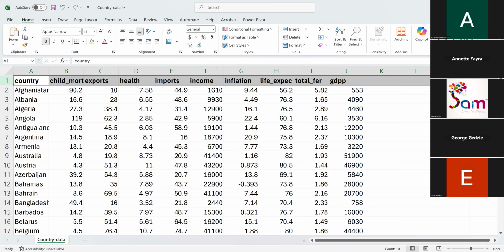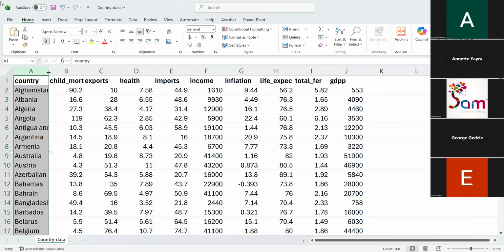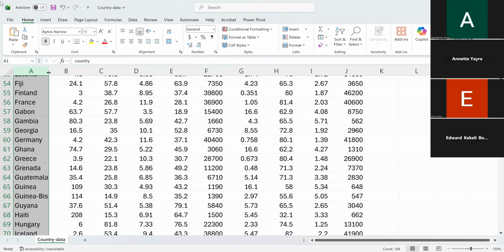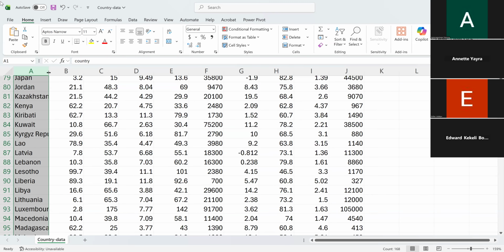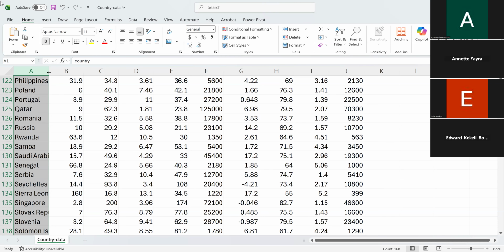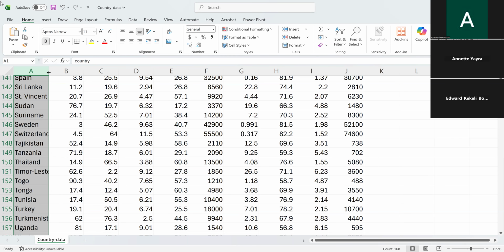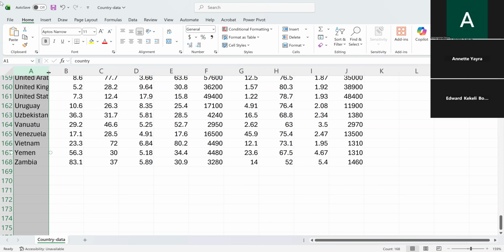When you scroll to the bottom, you can see that it keeps going, 168 counts, so almost 167. As you keep going down, you get all the way to the very last country, which is Zambia. So that means there are 167 countries.